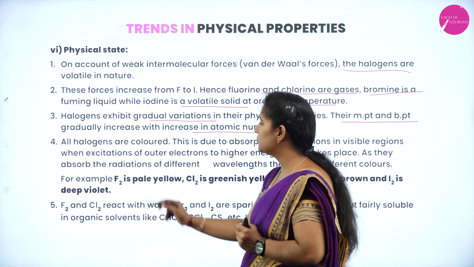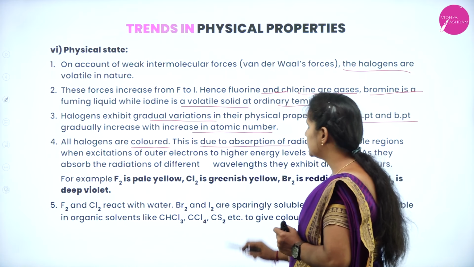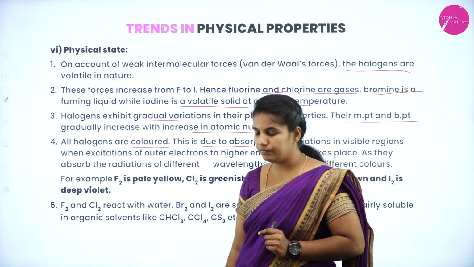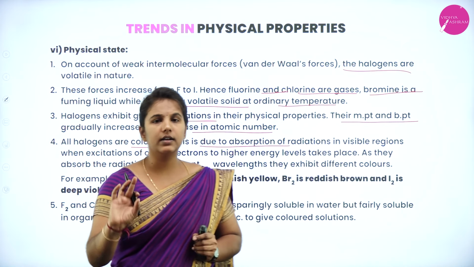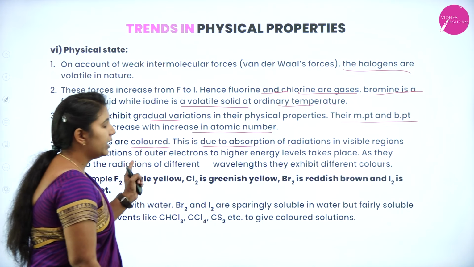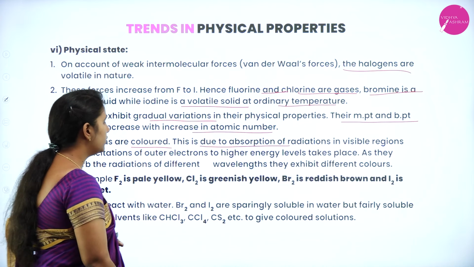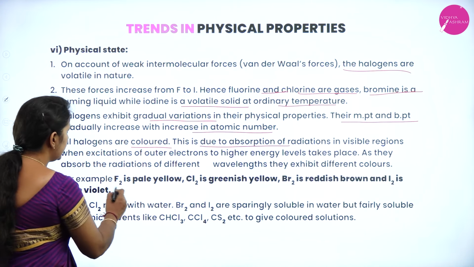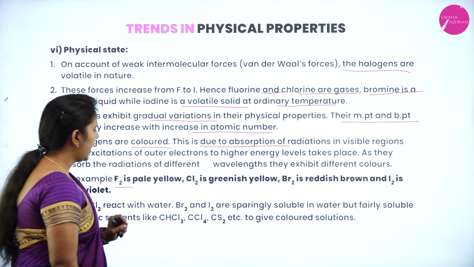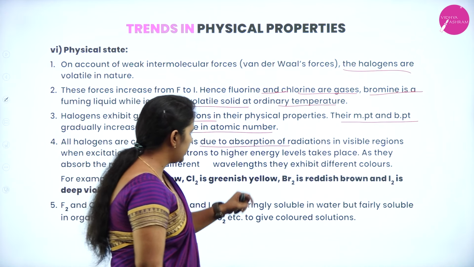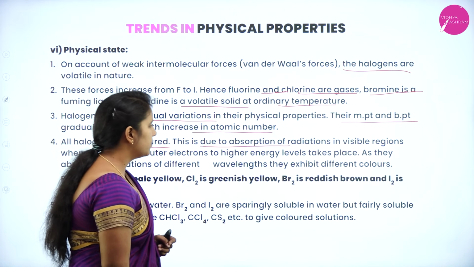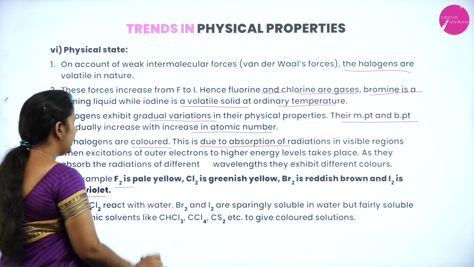And all halogens are colored, and this is due to the absorption of light at a particular frequency, especially in the visible region, thereby it exhibits color to the compounds. You can see that fluorine is pale yellow, whereas chlorine is greenish yellow, bromine is reddish brown, and iodine is deep violet.